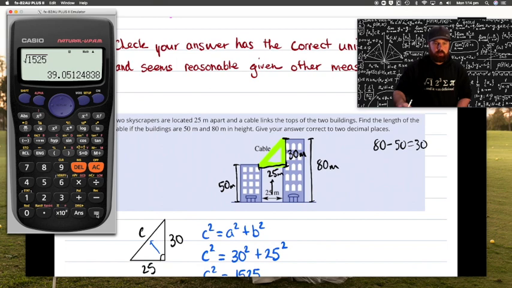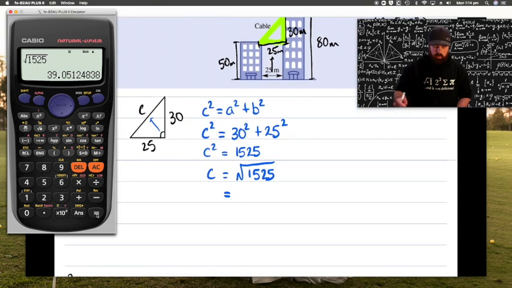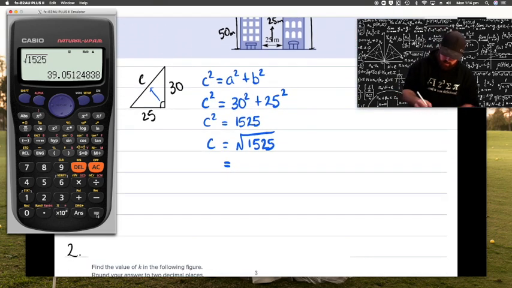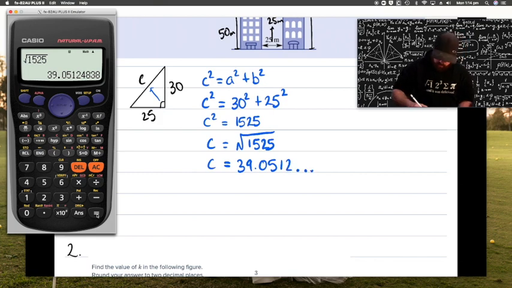Right, so to 2 decimal places, C is equal to 39.0512 blah blah blah, which means I want to stop at the 5. After the 5 is the number 1, and because it's the number 1, that means I'm not rounding up, I'm leaving my answer the same.